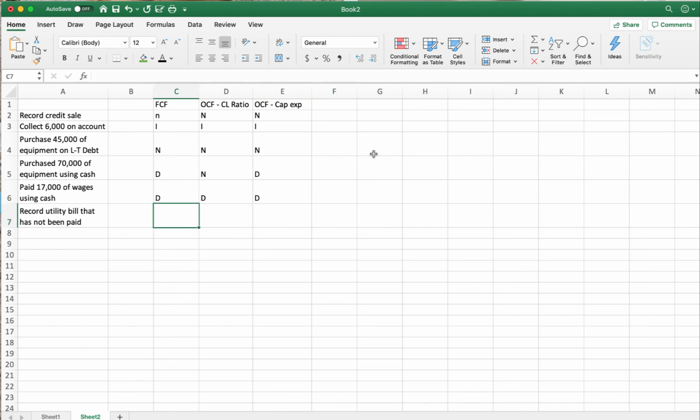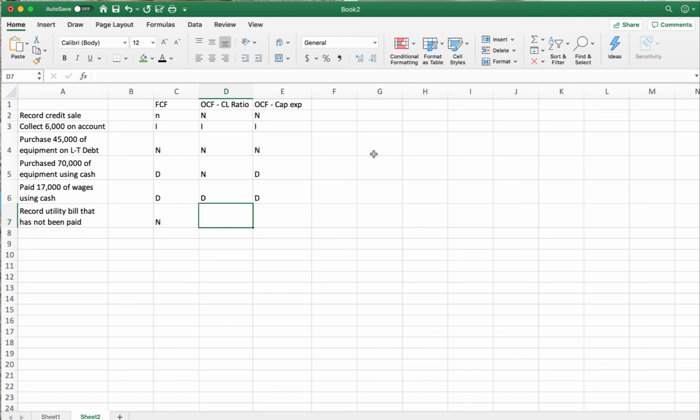And then finally, the last one says record utility bill that has not been paid yet, okay? So let's think about this. Well, it's a utility bill, it hasn't been paid yet, so it's not really going to have an effect on our free cash flow. So no effect. It will, however, have an impact on the operating cash flow to CL ratio. Why?